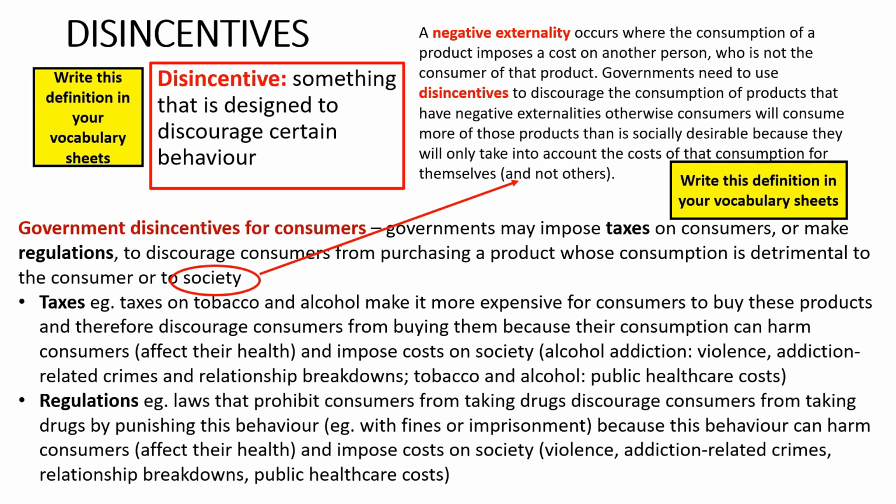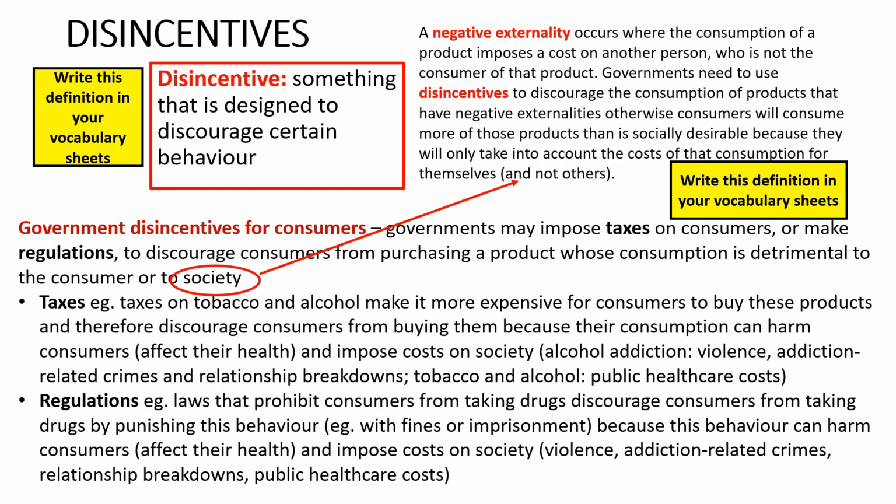But this is also detrimental to society because the abuse of alcohol and drugs can lead to violence, crimes to support an alcohol or drug addiction, and relationship breakdowns. In addition, tobacco, alcohol, or drug abuse can mean that the person needs treatment in the public healthcare system, which is paid for by the government and therefore the taxpayer.